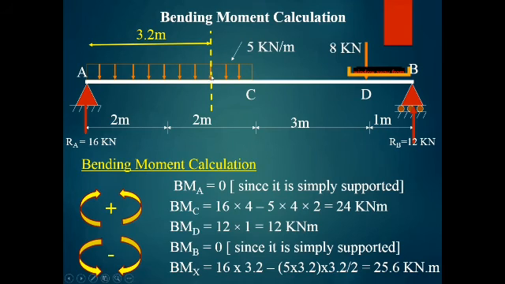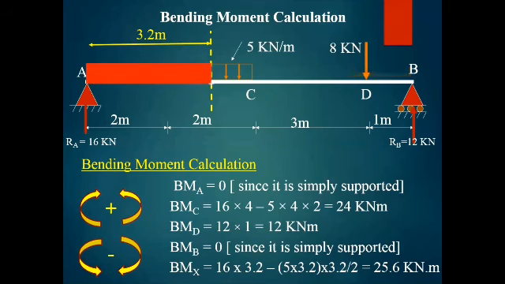Now at this section, what is the bending moment? I'll consider the left hand side. So RA multiplied by the distance of RA from X, which is 3.2. Then I'm taking UDL. Now how much UDL do I have to take? Again, like the previous case, only up to the section.